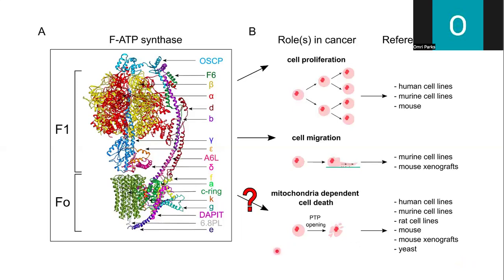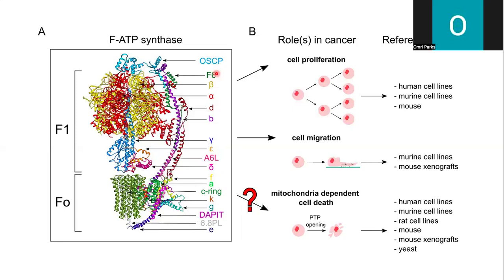All of these are different subunit regions that the paper goes into small details about, regarding certain cancers happening at these specific regions. Especially this A6L, we will talk about that soon, and the OSCP as well.